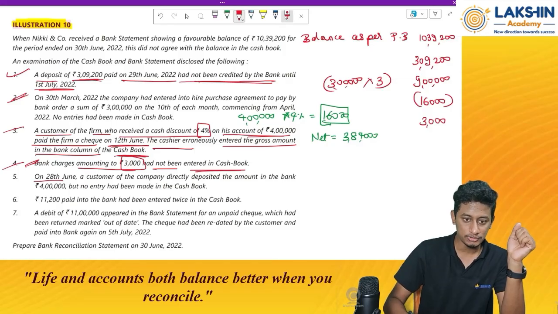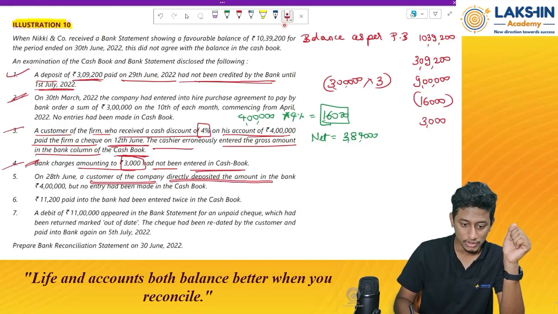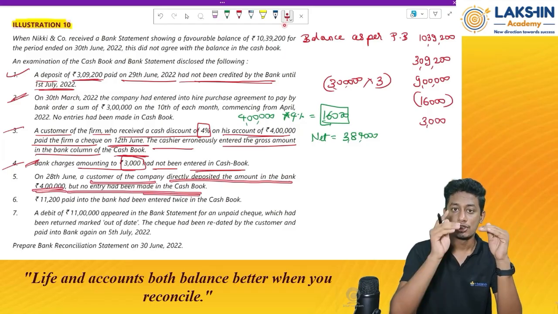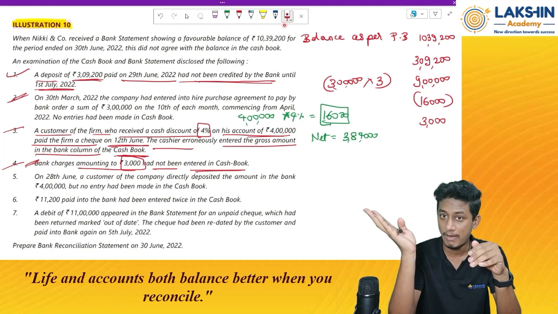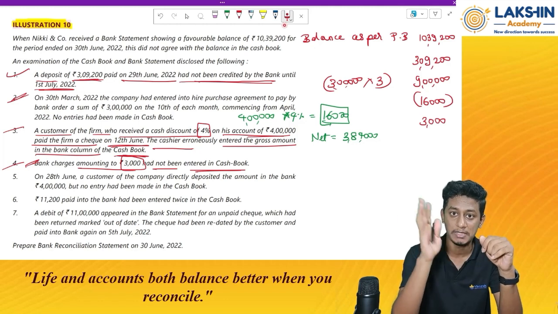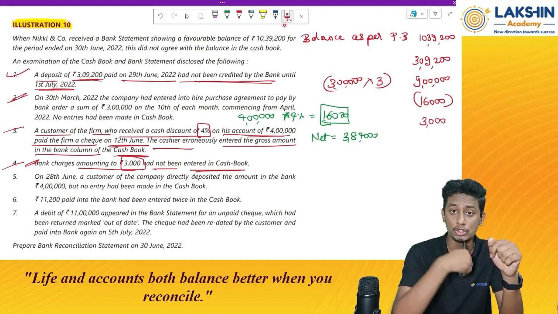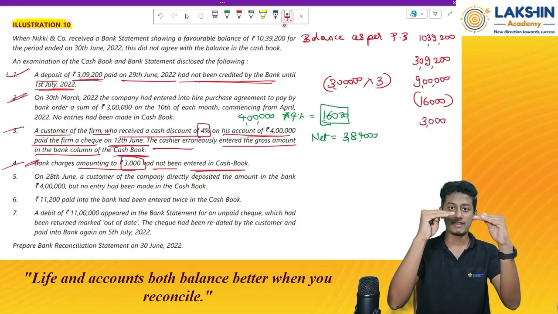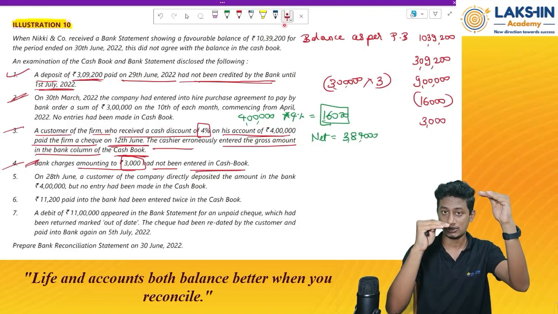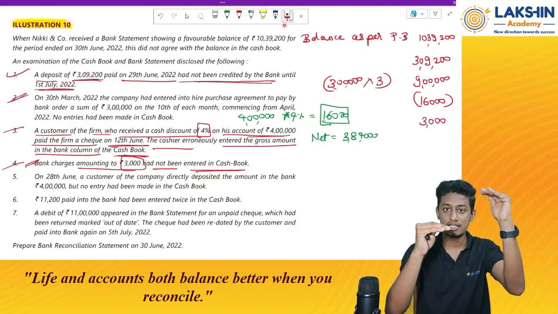On 28th June, a customer of the company directly deposited the amount of rupees 4 lakh into the bank account, but no entry had been made in the cash book. So a customer has deposited some money into my bank account directly and he has not intimated me. The bank has also not intimated me. So do I know? No sir, I don't know. So both were equal. In the passbook the balance has increased because the customer deposited the amount in the bank account.